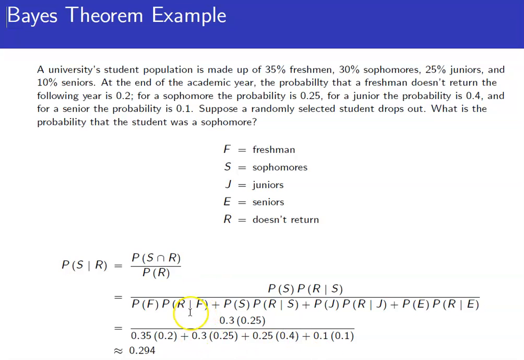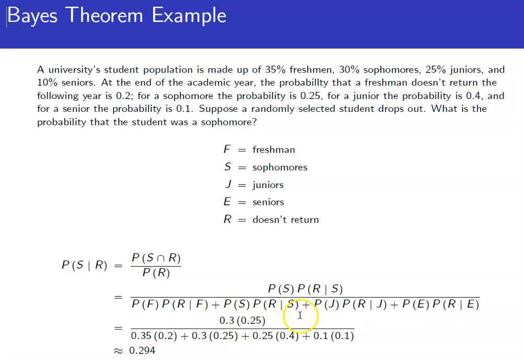So we could write those intersections as a sum, and then rewrite the intersections in terms of the conditional probabilities. Again, the way that you could not return is to be a freshman and not return, a sophomore and not return, a junior and not return, or a senior and not return.